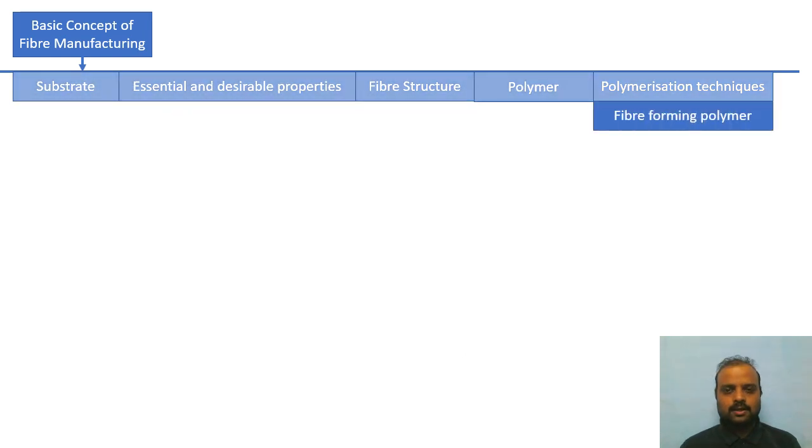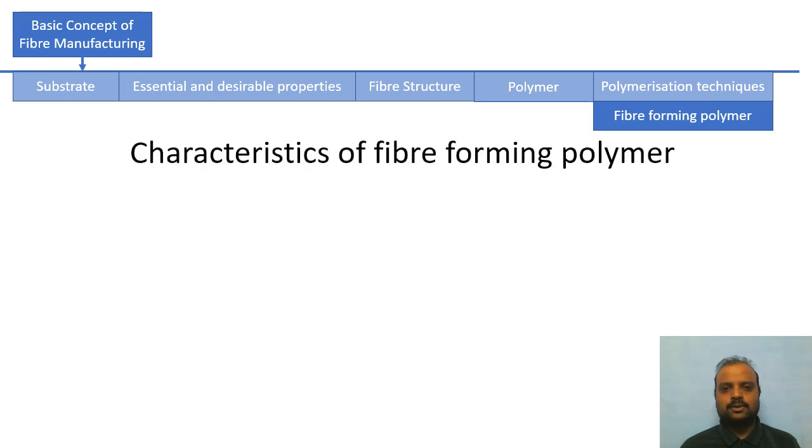Once we understand how monomer is converted into a polymer through various polymerization techniques, whether the formed polymer is able to produce a fiber or not, that is our main question, right? So to produce a fiber, a polymer must have certain characteristics, without which we cannot say a fiber is successfully produced. So let's see some of the characteristics of fiber forming polymer.